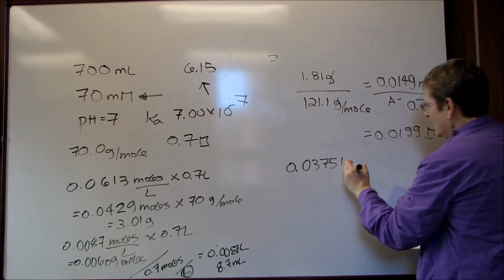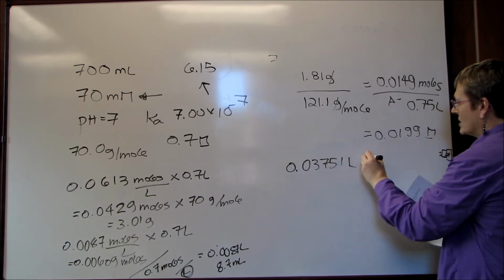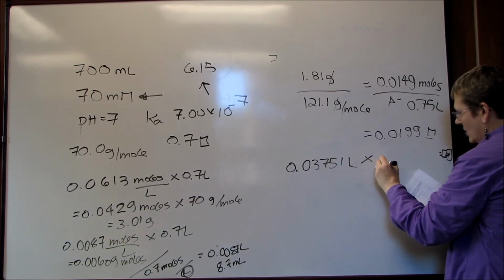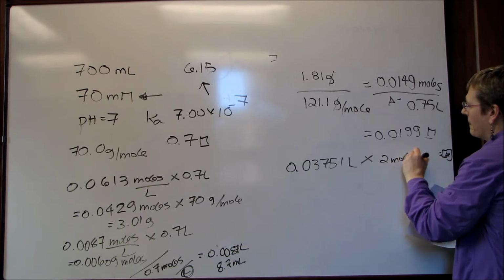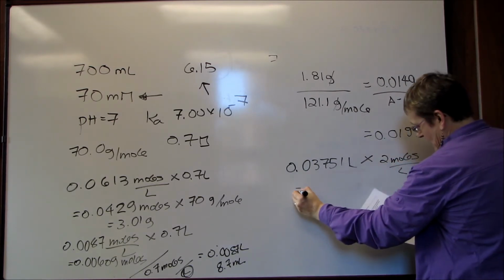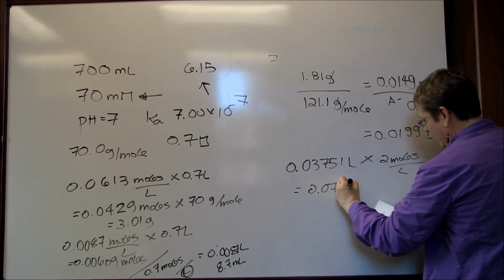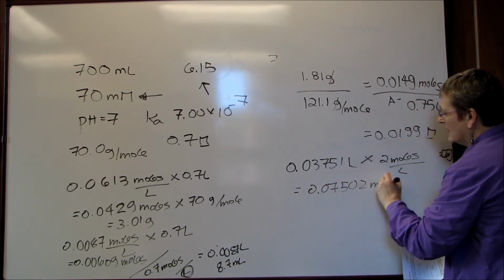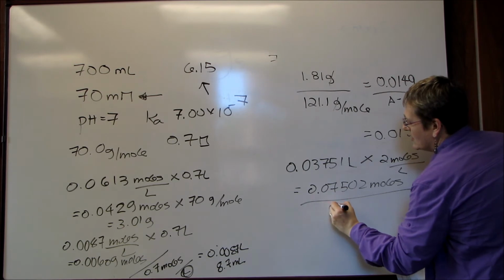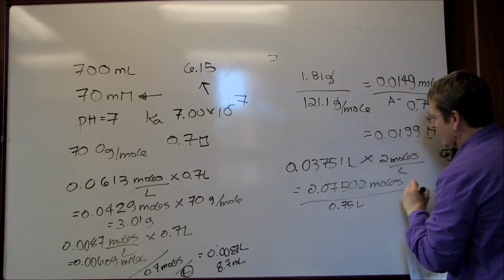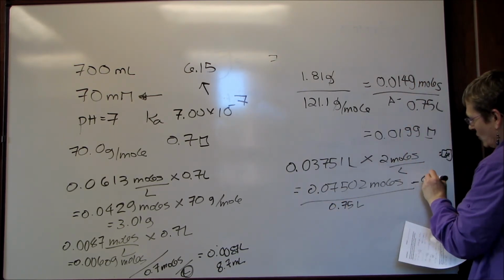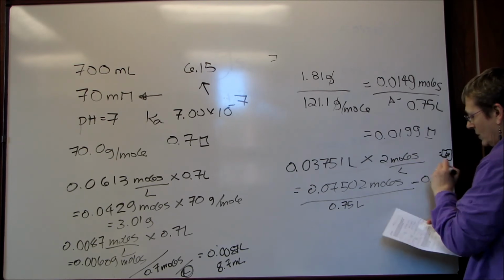For the HA, it says that I use 37.51 mils, or that many liters, times 2 moles per liter, which is 0.07502 moles. It's going to be in 0.75 liters final, so my concentration is 0.1 molar.